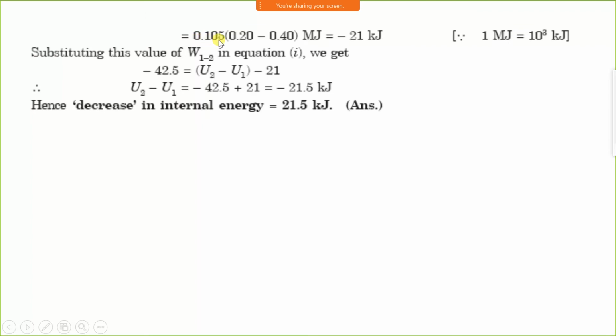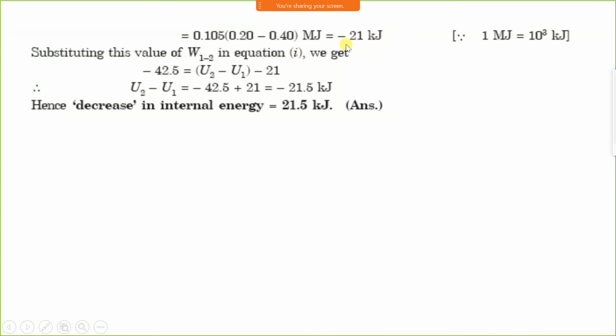This pressure is 0.105, given in megapascal. This volume is given in meter cube. Therefore this will give you megajoule. How to convert megajoule into kilojoule? Multiply it by 1000. 1 megajoule is equal to 10 to the power 3 kilojoule, or 1000 kilojoule. And after conversion you get minus 21 kilojoule.